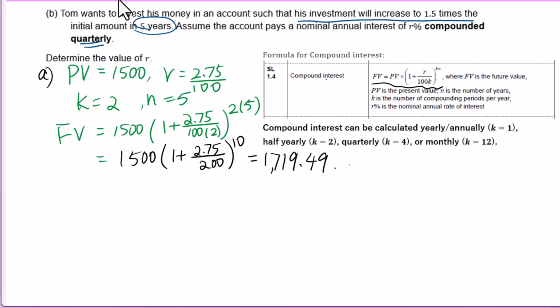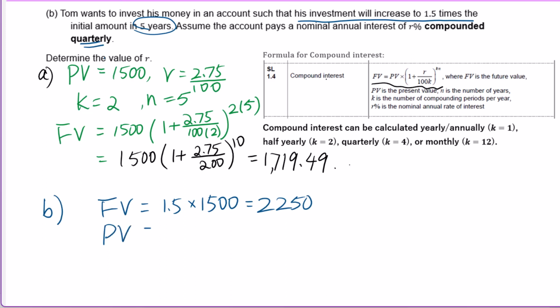Determine the value of R. We are given future value equals 1.5 times 1,500 equals 2,250. Present value equals 1,500. Quarterly, K equals 4, compounding 4 times per year. N is 5.